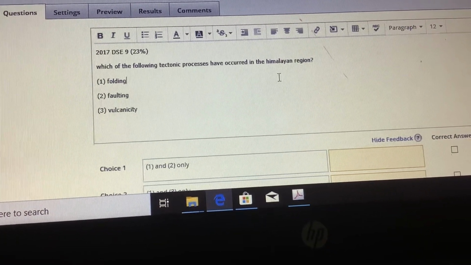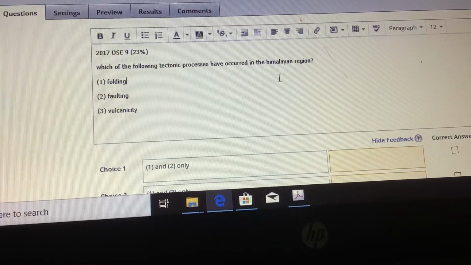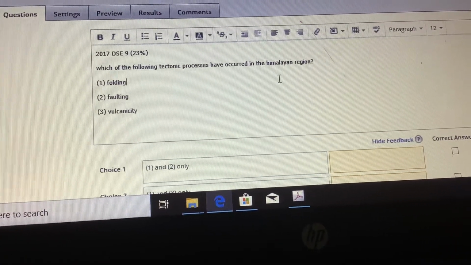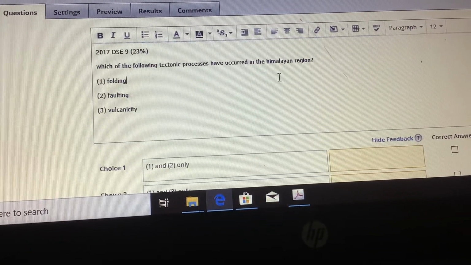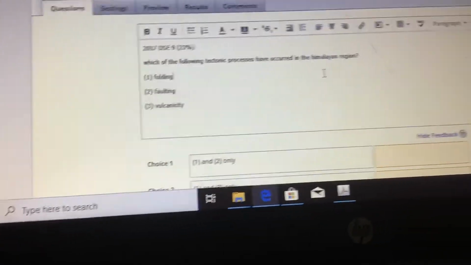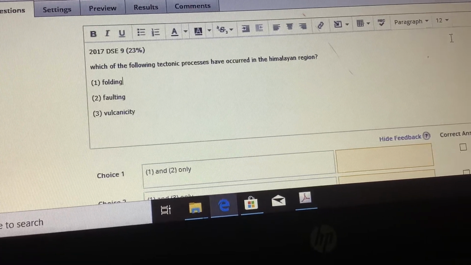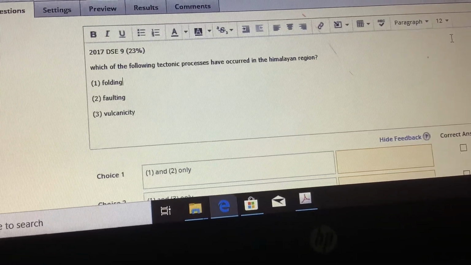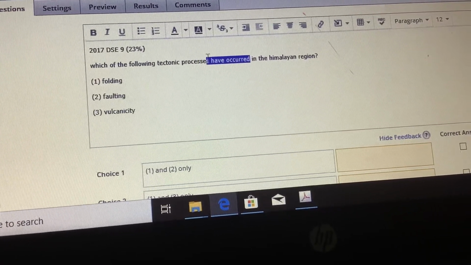Previously, the Indo-Australian plate is totally an oceanic crust, and once it crashed with the Eurasian plate, it became continental crust just like nowadays. So once upon a time, there was volcanic eruption.